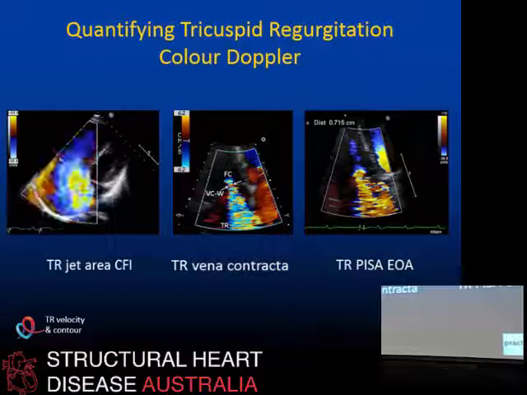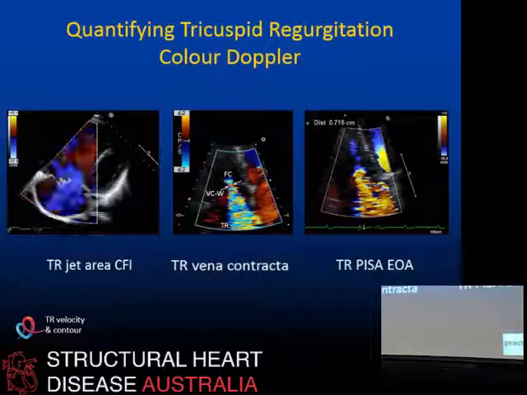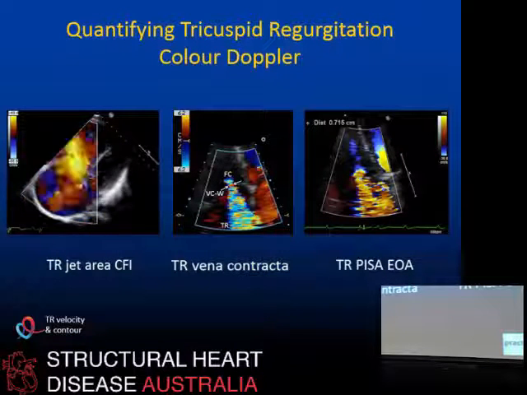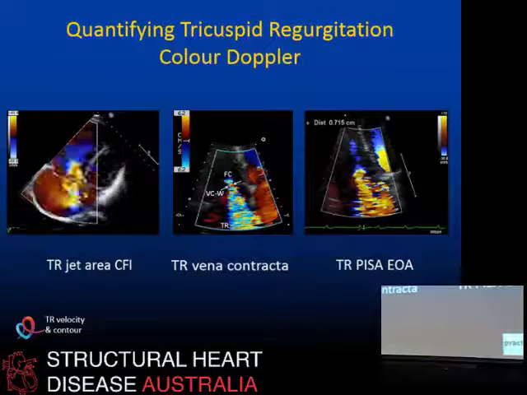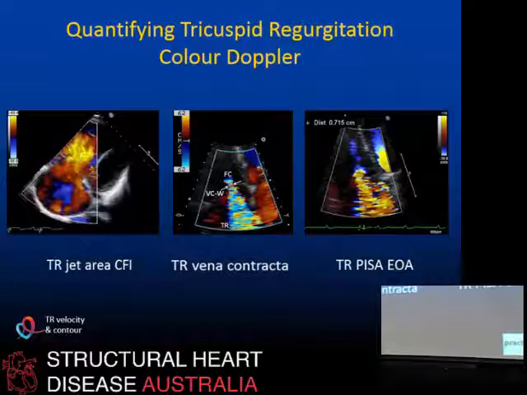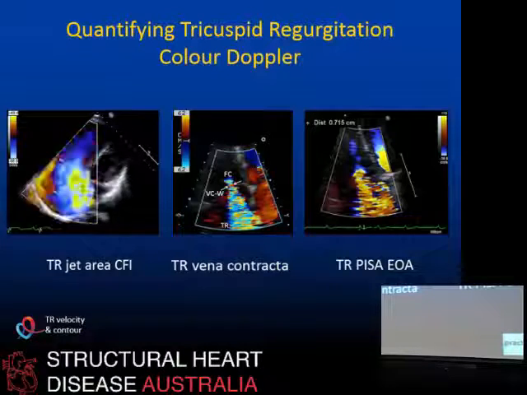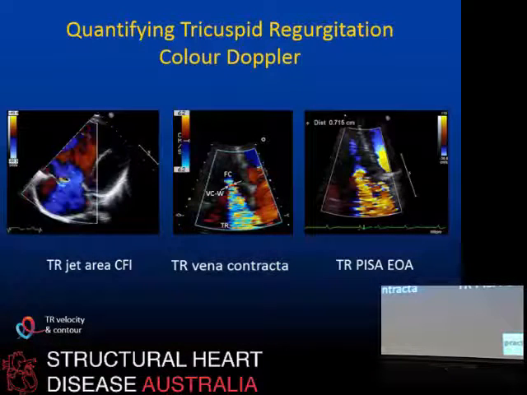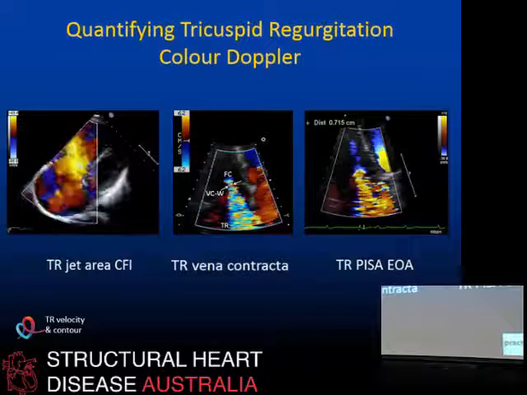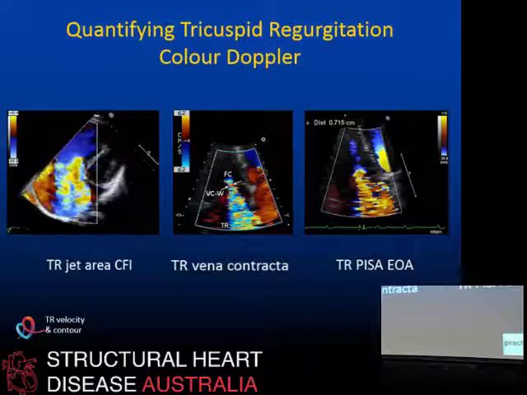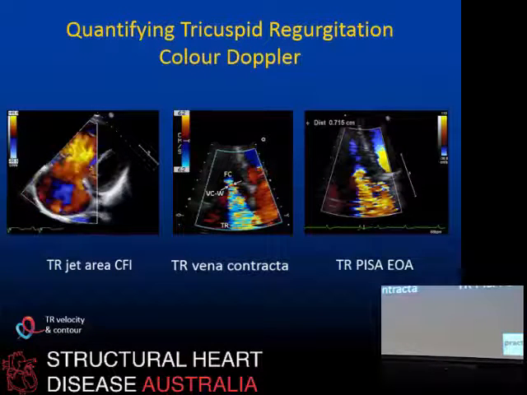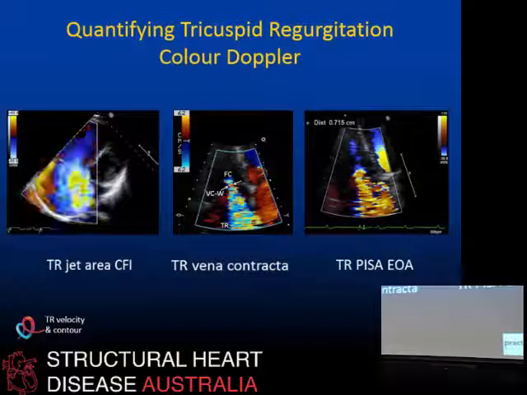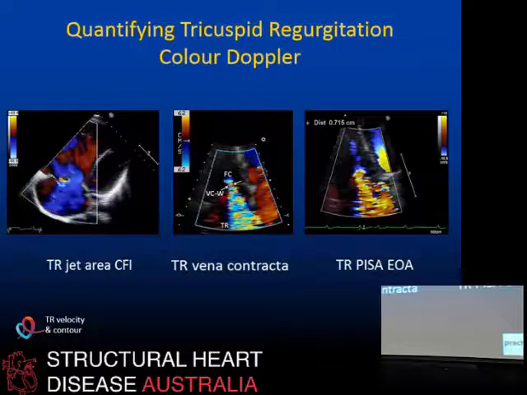More accurate assessment of the degree of tricuspid regurgitation can be obtained using the vena contracta and PISA effective orifice area. The tricuspid vena contracta is measured as the narrowest width of the regurgitant jet at or just below the level of the valve, and a value of 0.7 centimetres indicates severe tricuspid regurgitation.